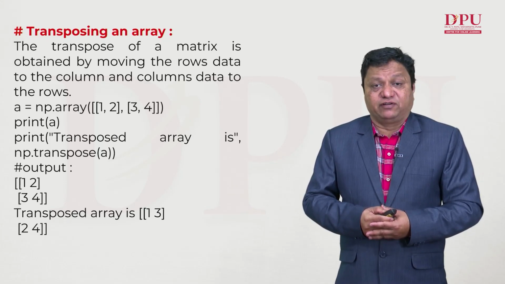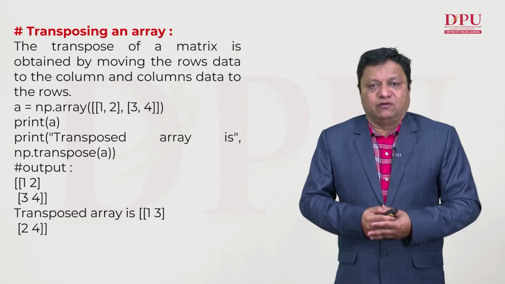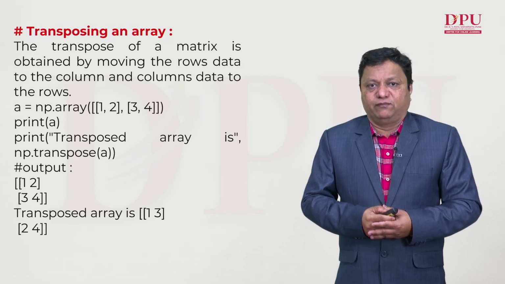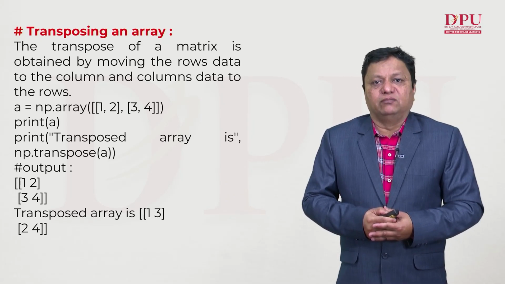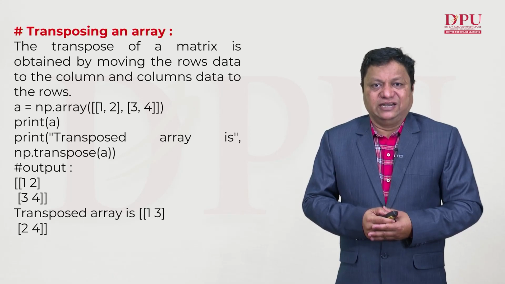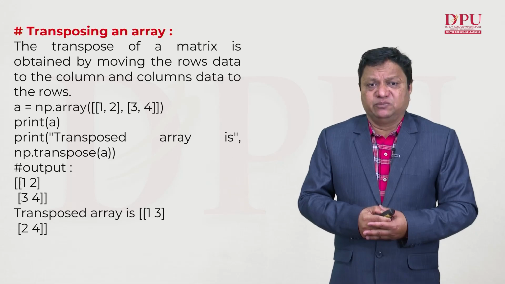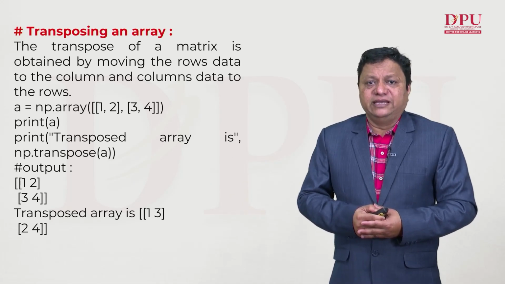As you can see, after calling the transpose function on the array, the values of my array become 1, 3, 2, 4. It moves the values of the column to the row and from the row to the column. That is called transposing of the array, and it is possible by simply calling the transpose function on the array.